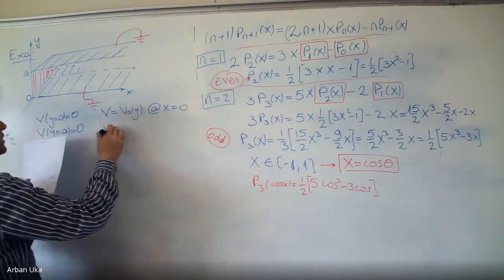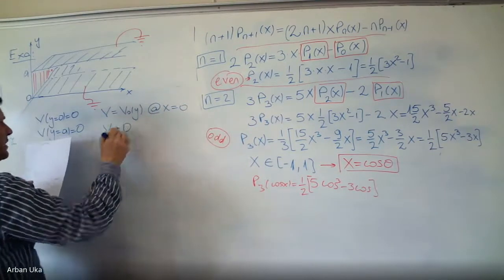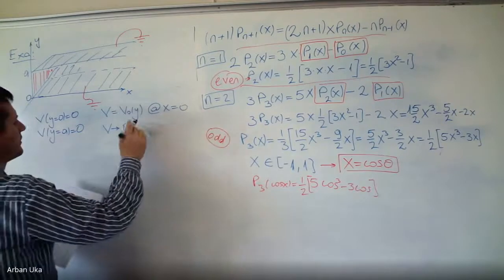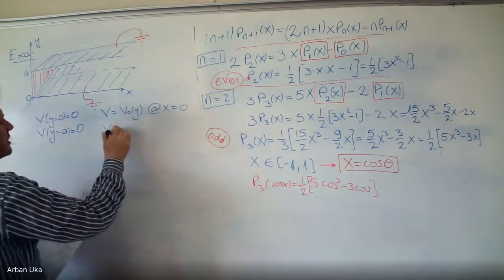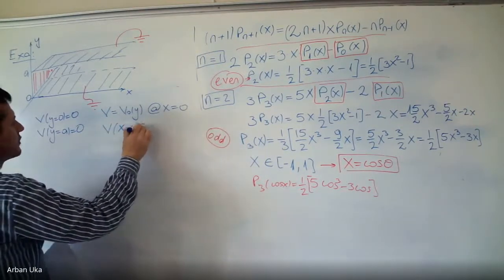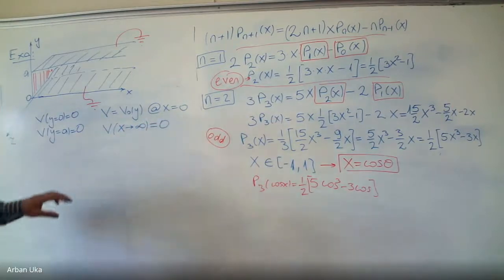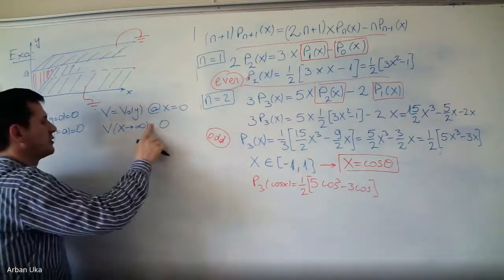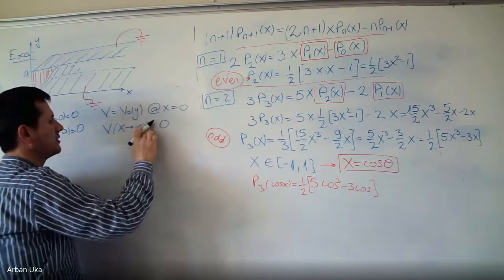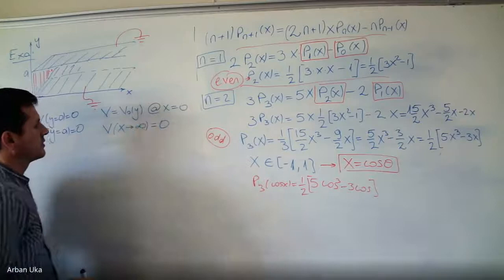And then we also have that the potential converges to 0, or let's do it like this: when x diverges to infinity, this is equal to 0. Now, we could draw this one also like this, converges to 0, but we understand what we're talking about.